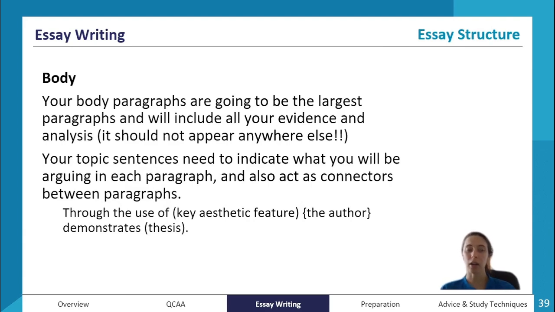Okay, so now that we've had a look at our introduction paragraph, we're now going to have a look at the body. So your body paragraphs are going to be, of course, the largest part of your essay, and this is where you get into your evidence and your analysis. It shouldn't be appearing in the introduction or the conclusion.